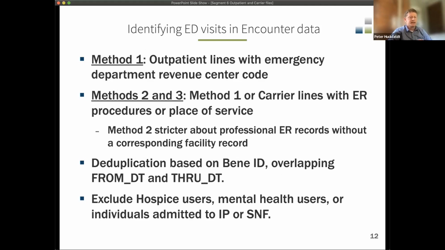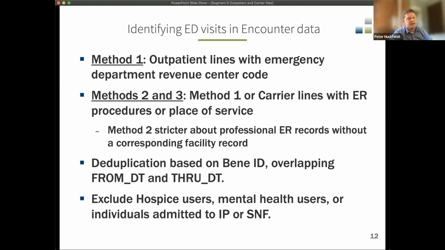This is actually something that's maybe worth noting. In the fee-for-service data, if you see on the outpatient file that someone was admitted to an emergency department, typically that means they weren't then admitted to an inpatient facility, because in fee-for-service Medicare, all of that gets wrapped into the inpatient stay.